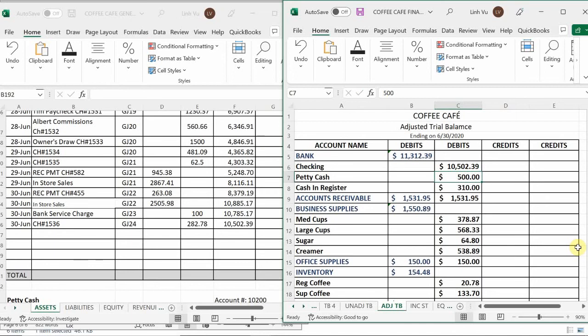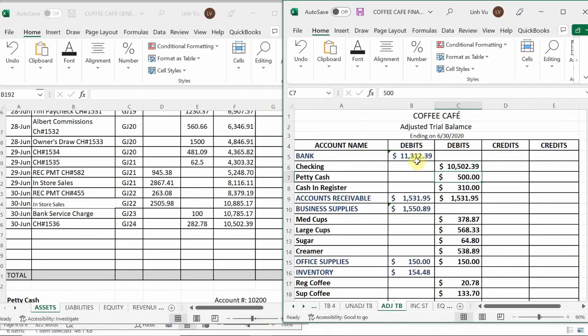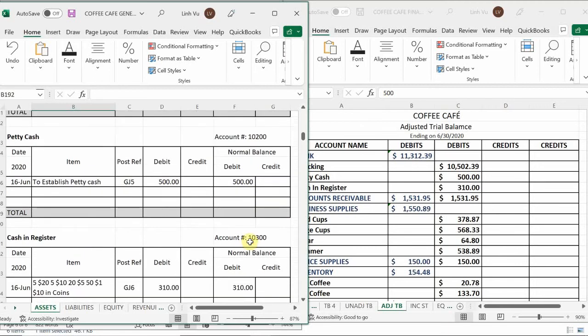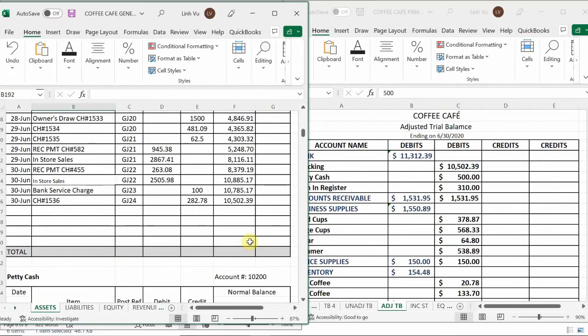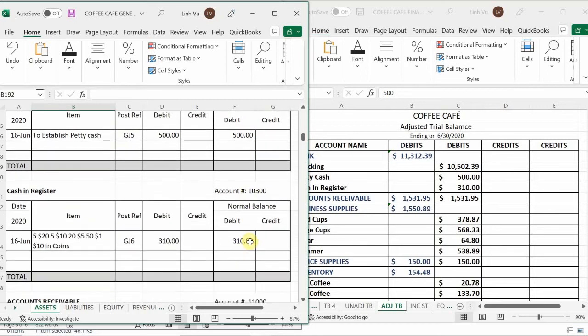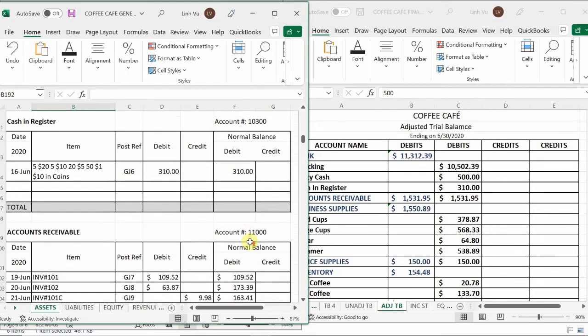I adjusted my little section up here. Okay. Let's see. Petty cash is still the same at 500. Your cash register is still 310. Okay.